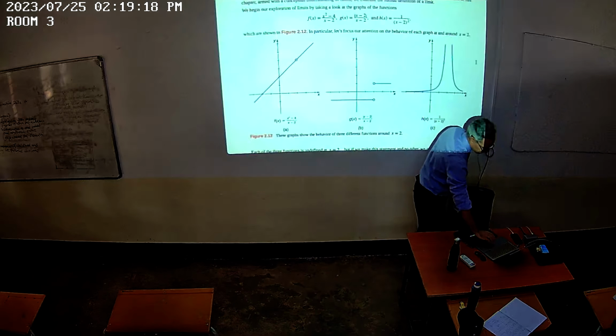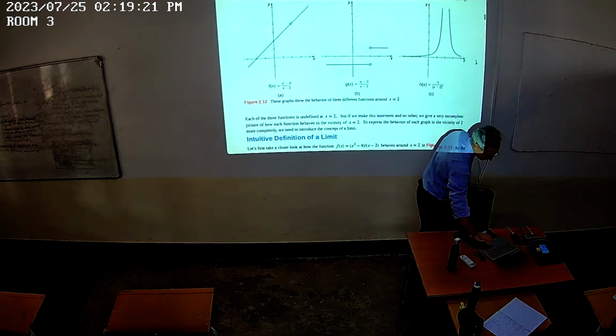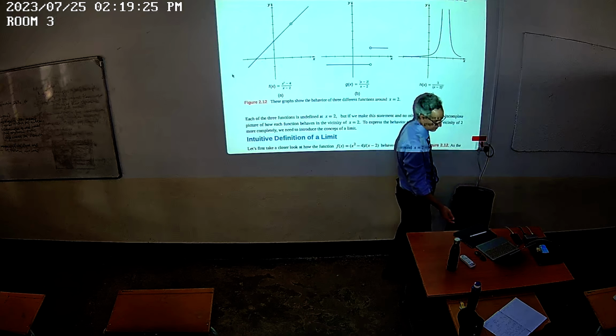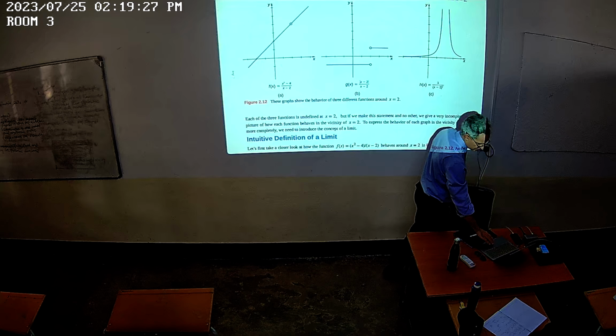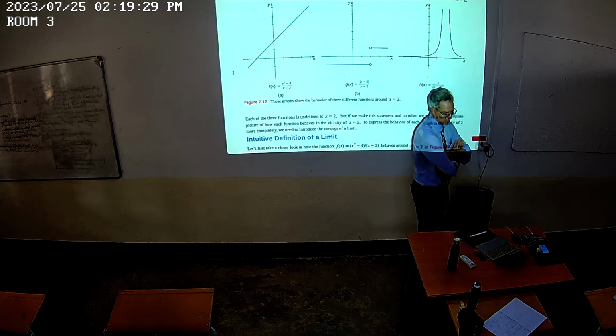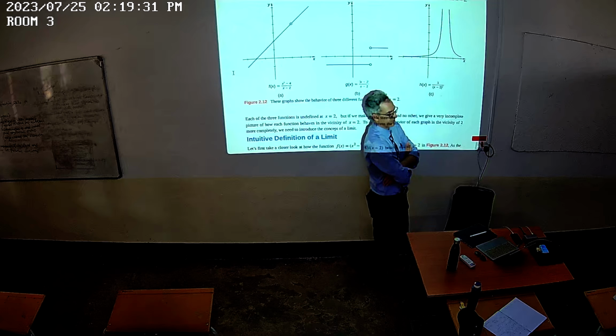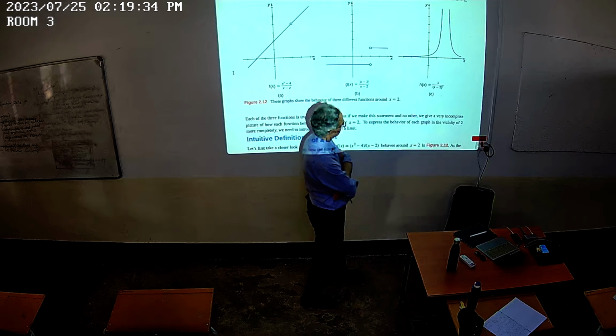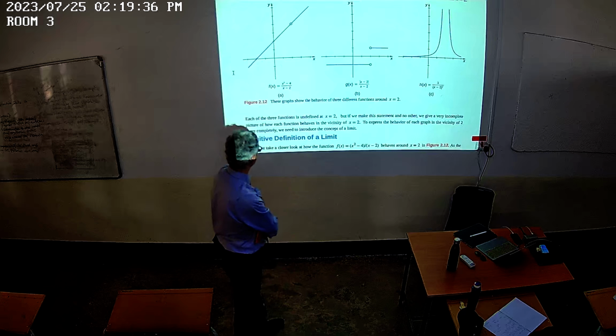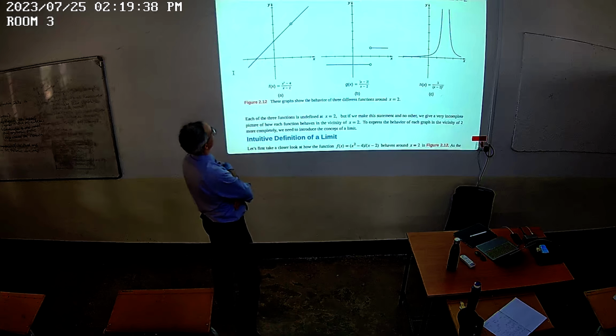So each of these 3 functions is undefined at x equals 2. They don't have a number or value. But if all we say is it's undefined at x equals 2, then I'm not giving a very complete picture of how each function behaves, right?